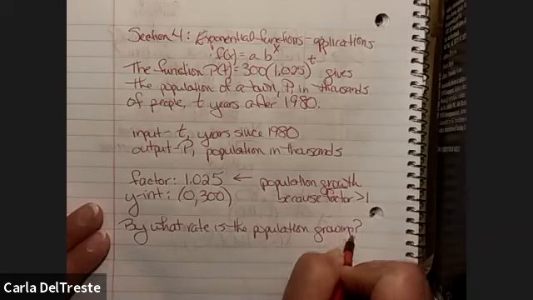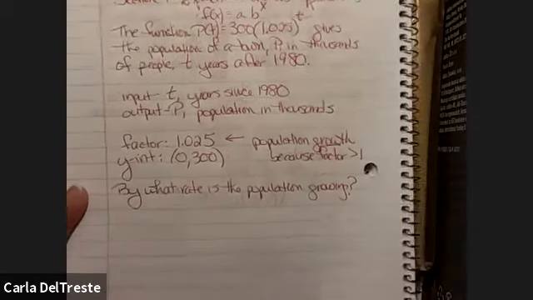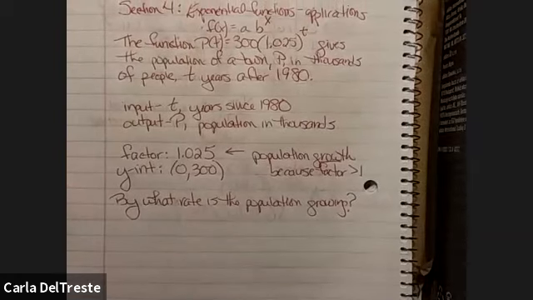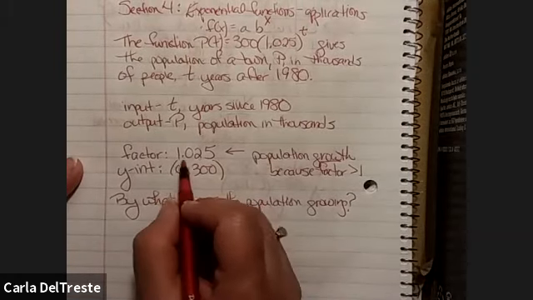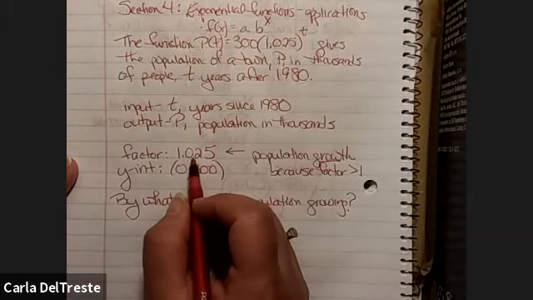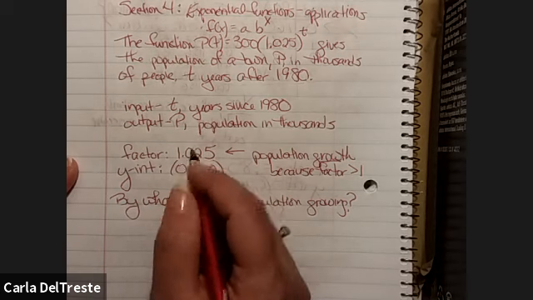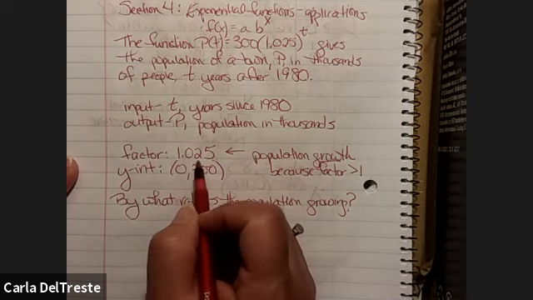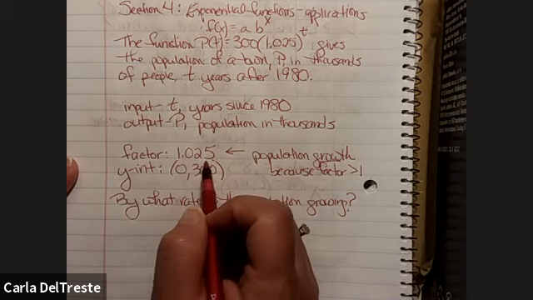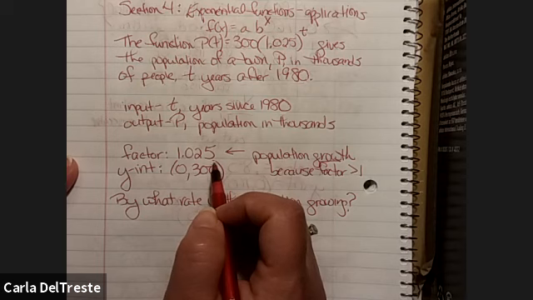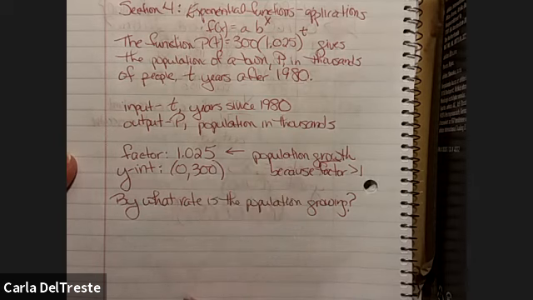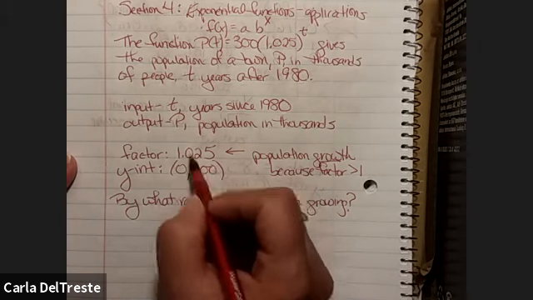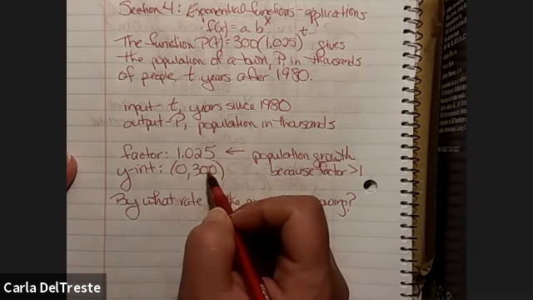Well, that has to do with our knowledge of the connection between factor and rate. The factor is 1.025. Remember, factor is how much you get to keep. So if I turn this into a percentage, I am keeping 102.5%. But I don't want to count the original 100. So I remove the original 100%, and I'm left with 2.5% growth.